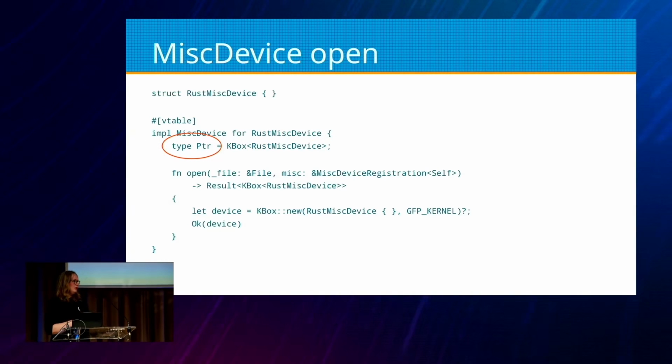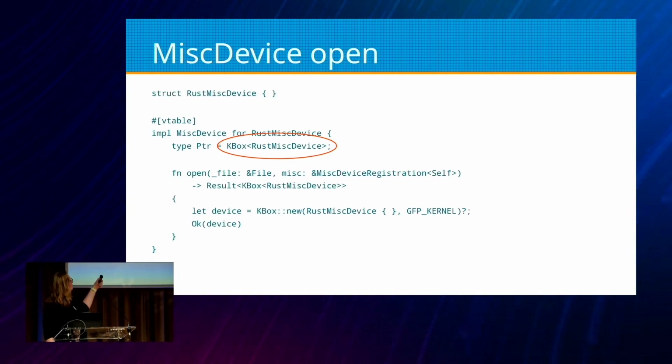So one kind of interesting thing is, the C API that all of this talks to has this thing called the private data, which is basically just a pointer. Right? So you get a pointer's worth of space to put your own stuff in. And this is where you say what kind of pointer you want to go there. So you're basically telling it, what kind of private data do I have? In our case, the private data is going to be a box of Rust misdevice.